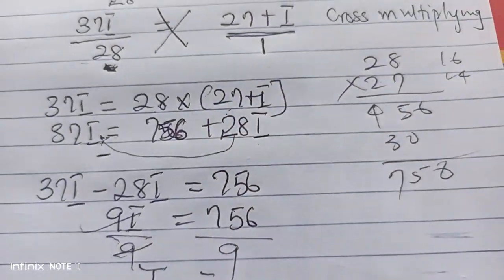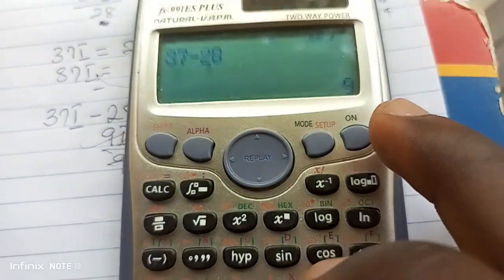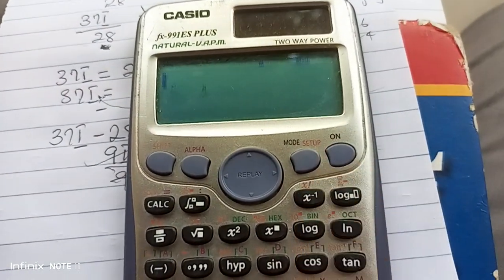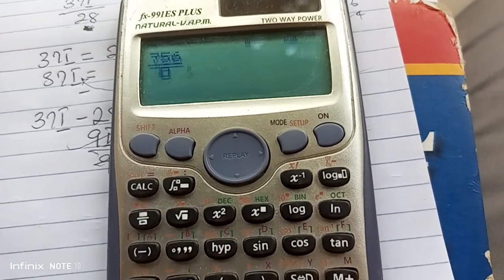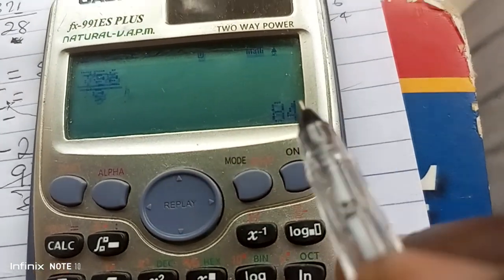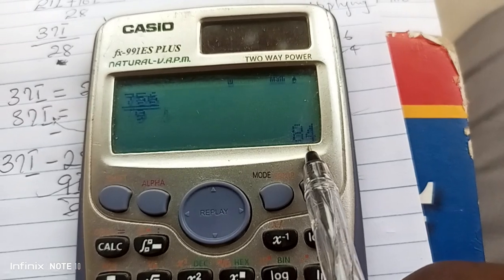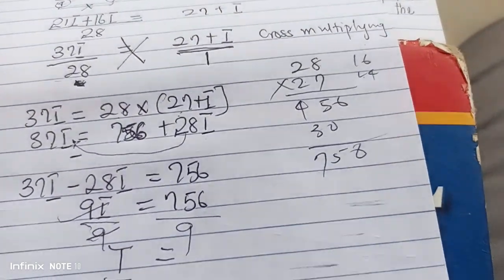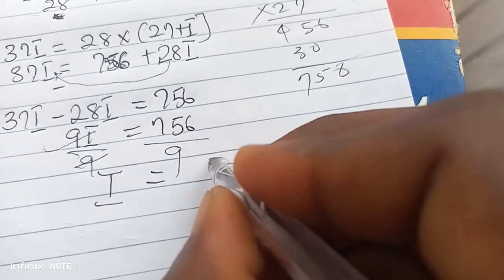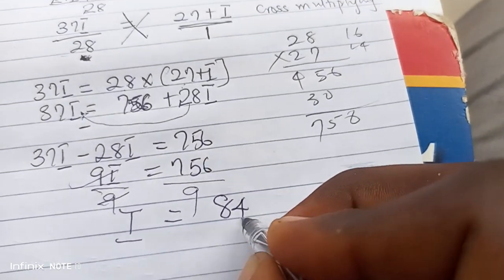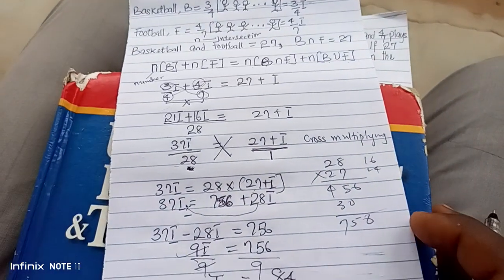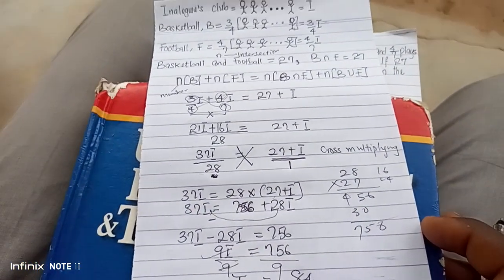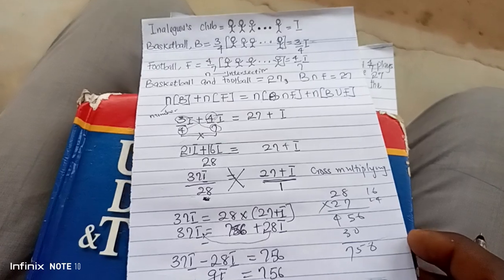Here we now have 756 divided by 9. What do we get? We get 84, and that is our answer. 84 is our answer. You can see when I apply a formula, this is what we get.